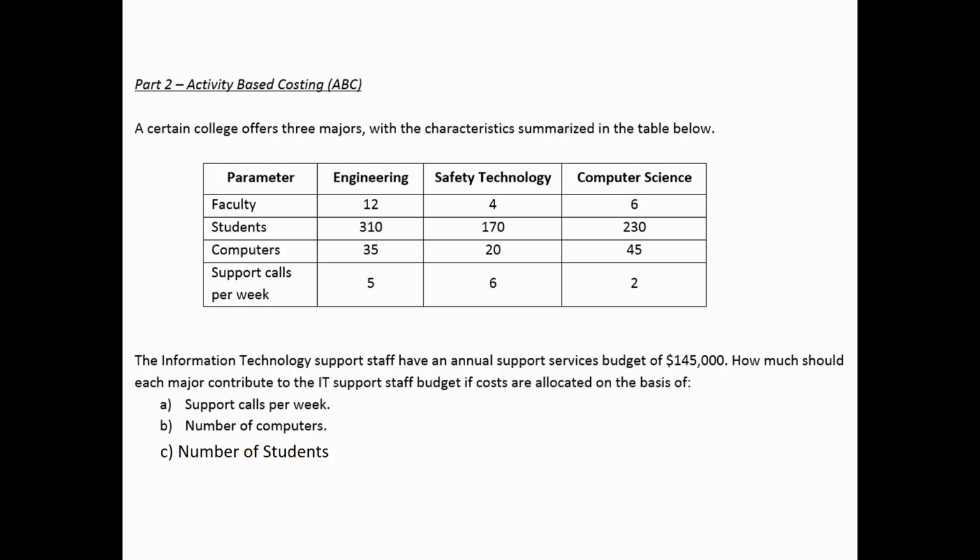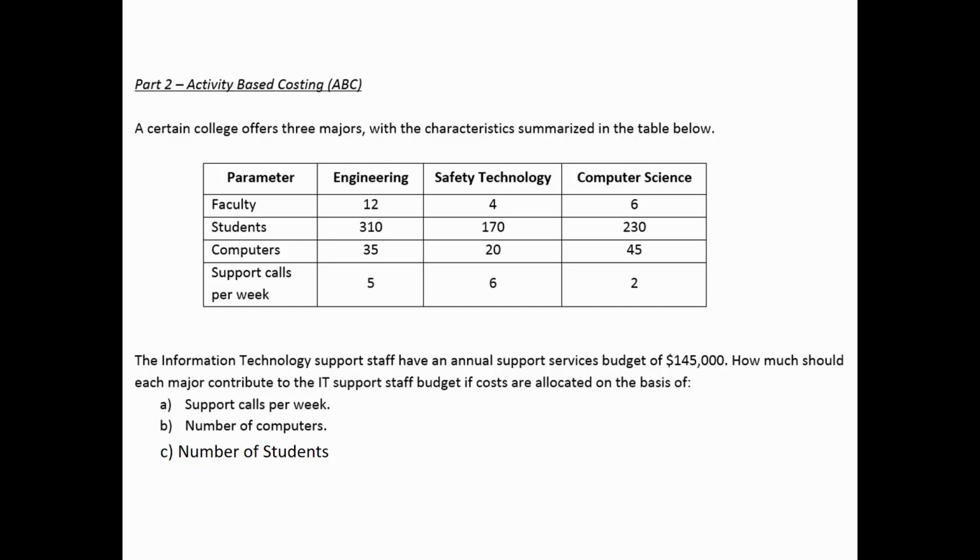So what we're going to try and figure out is if this information technology budget has $145,000 that needs to be recovered, then how much should each of these three divisions pay? And so, of course, a simple way of doing it would just be divide this IT budget by 3, and then each one of the divisions has to pay a third of the overall budget.